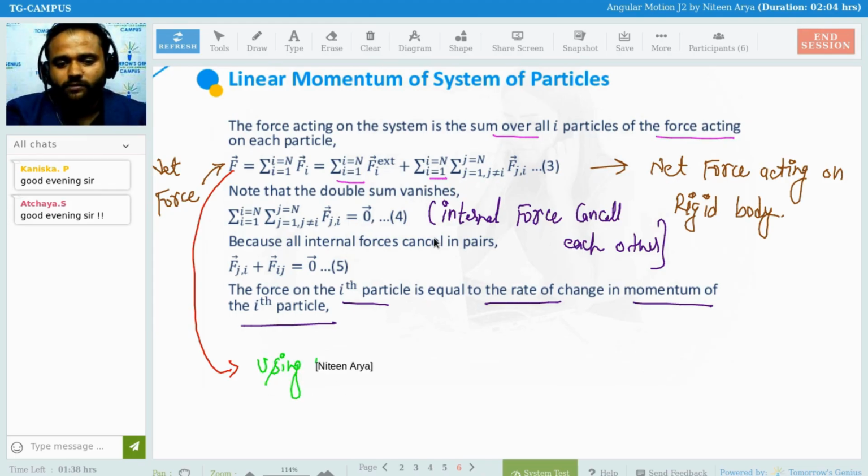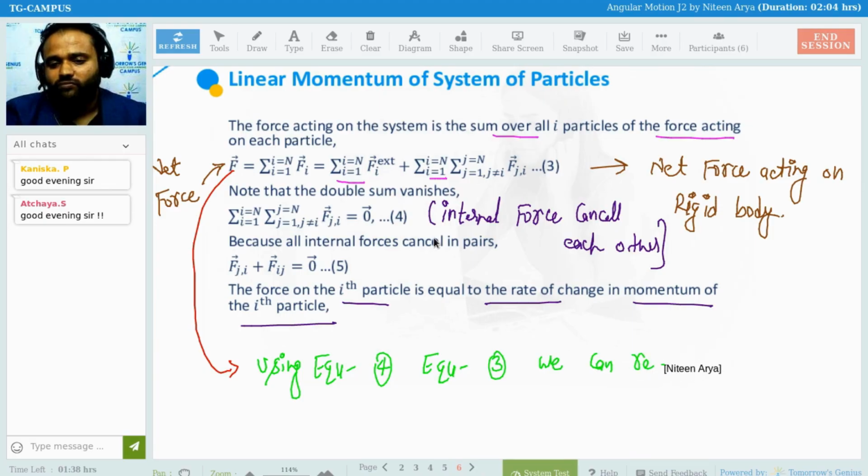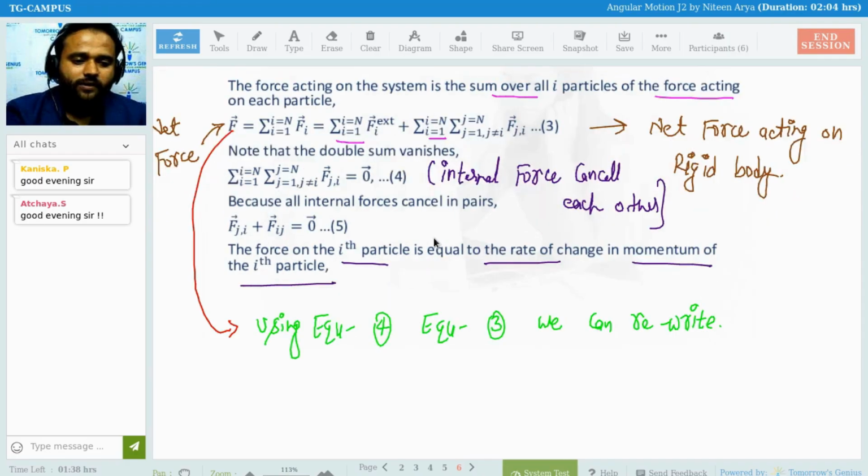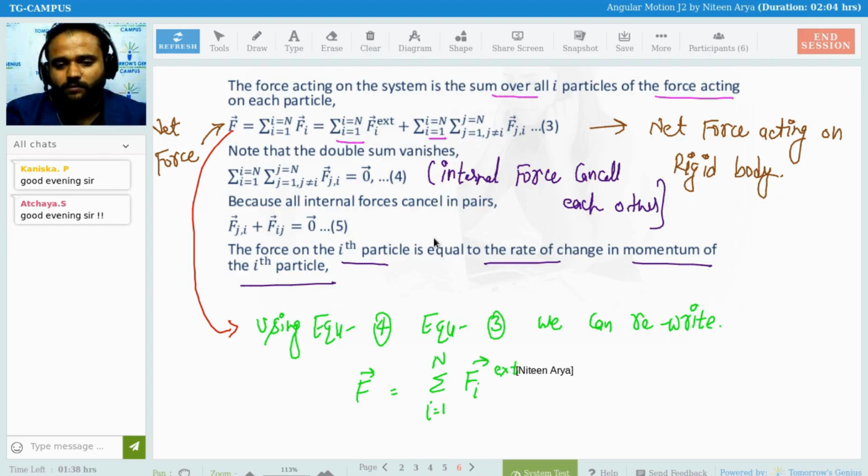Using equation 4, equation 3rd, we can rewrite, and that is this. So equation 3rd, which is the net force F, is going to be only and only summation i equals 1 to n of F_i external.